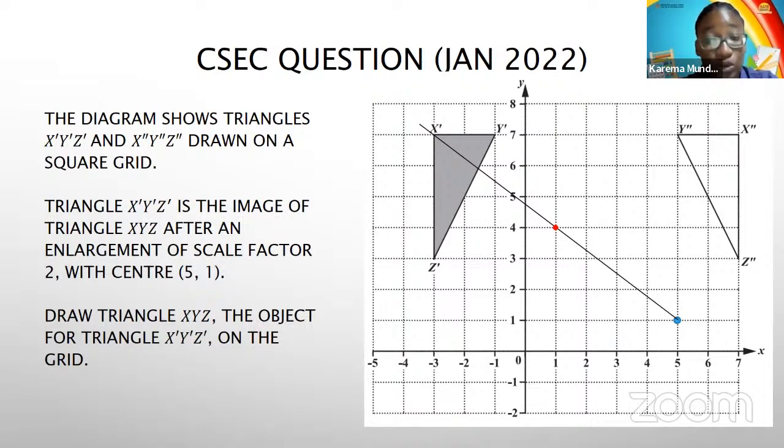What we do know is that to get to x prime, the distance from the center to the object was doubled or multiplied by 2. How do I know that? Somebody tell me in the chat. How can I boldly say that I know that the distance from the center to x prime is 2 times the distance from the center to the object point x?